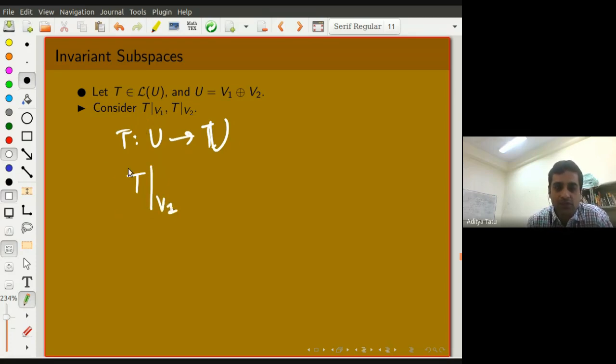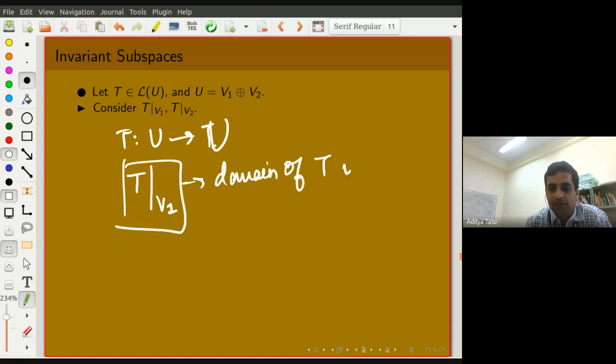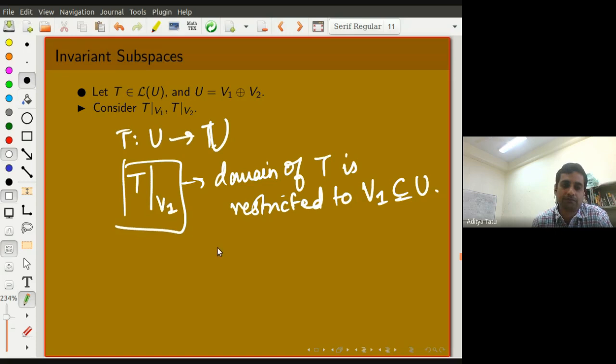This is what this notation means. The domain of T is restricted to the subset V1 of the original domain.